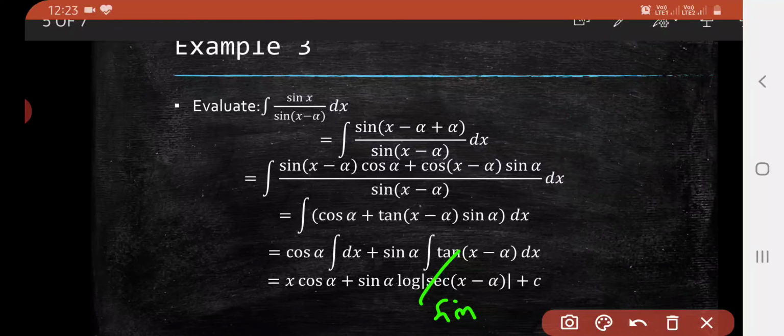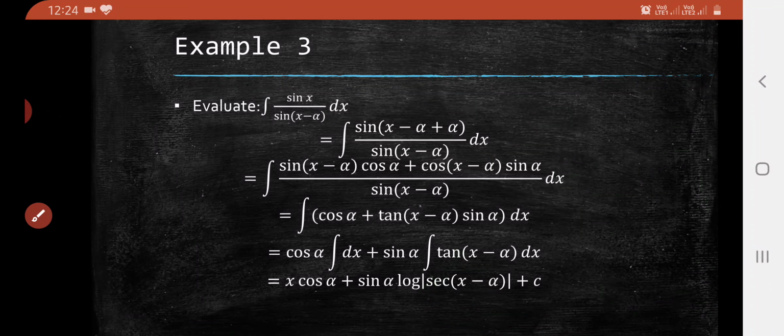So please make those necessary changes. I have made this small mistake here. Doesn't matter. Once you have noticed it, I hope you understand. Fine. So therefore, this is the integration. Now, let us move to the next problem.